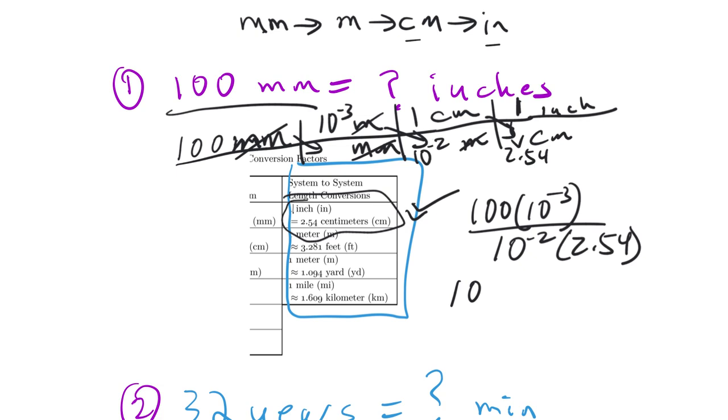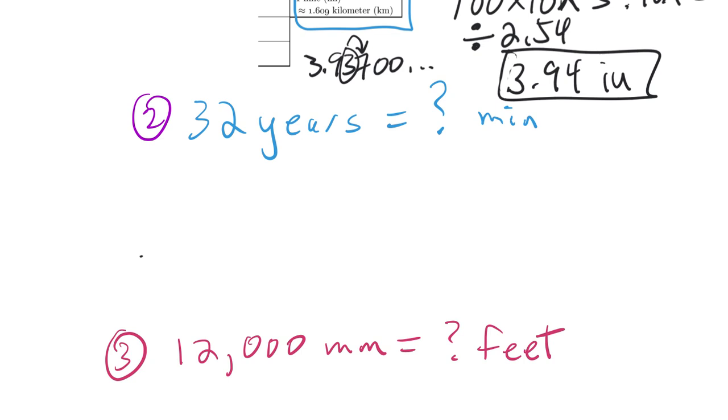Or I can do the exponent rule, but let's just do the calculator. 100 times 10 caret negative 3 divided by 10 caret negative 2. Divide again. Okay, don't multiply because it's in the denominator, so you have to divide. 2.54.